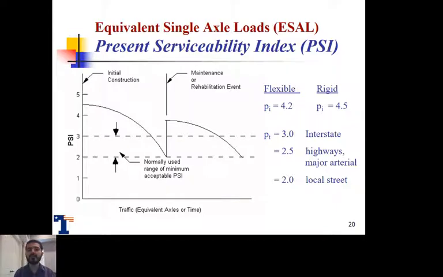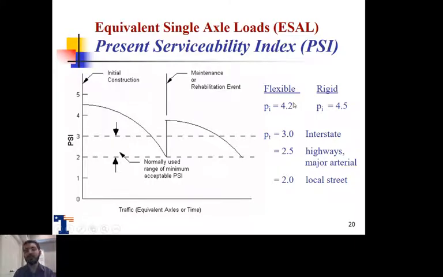Here is a little schematic that shows you what the PSI is and what the rating is. The y-axis is the PSI, from as low as 0 to as high as 5. And this is the traffic amount, or you can relate traffic to time: as time goes by, how the pavement will react. Typically, a brand new flexible pavement will start from an initial serviceability equal to 4.2.